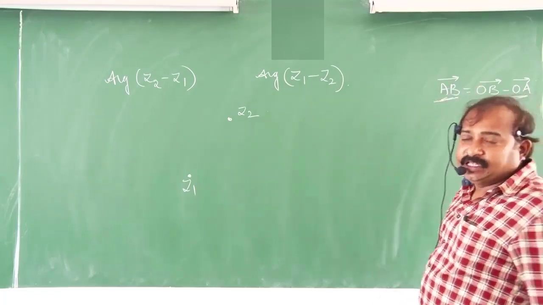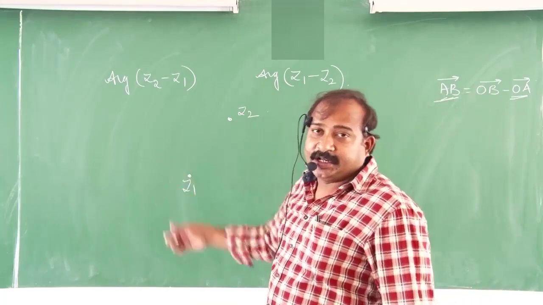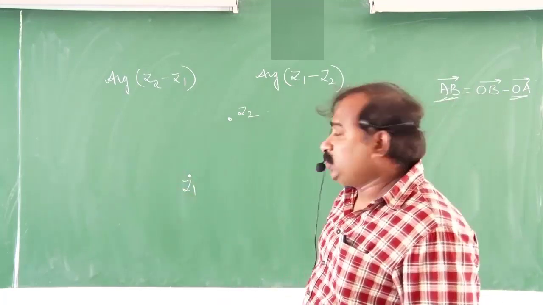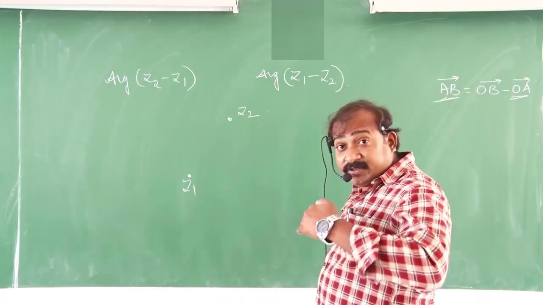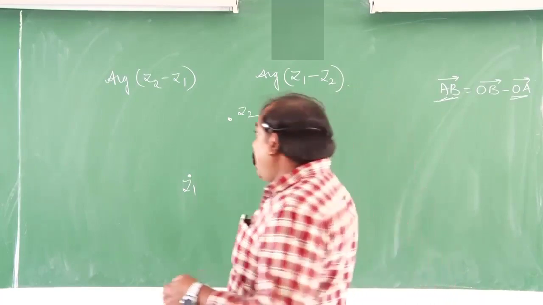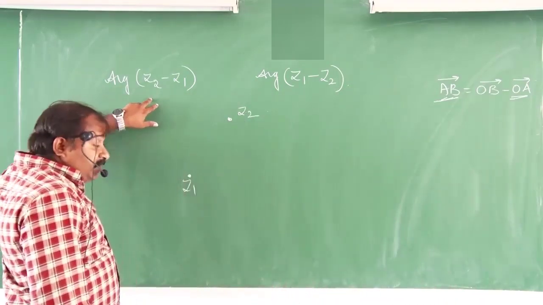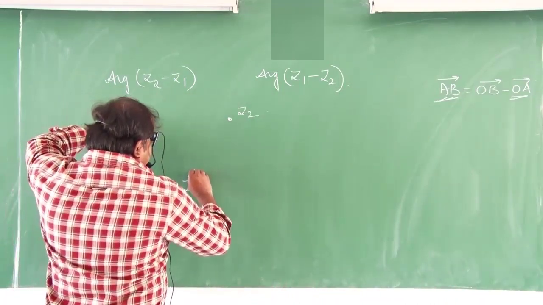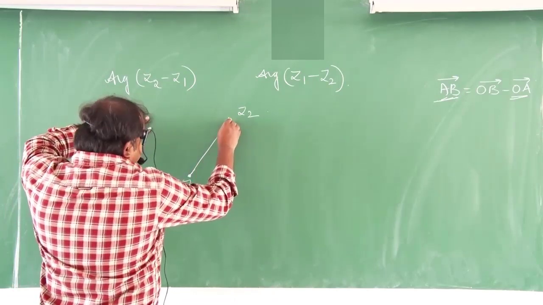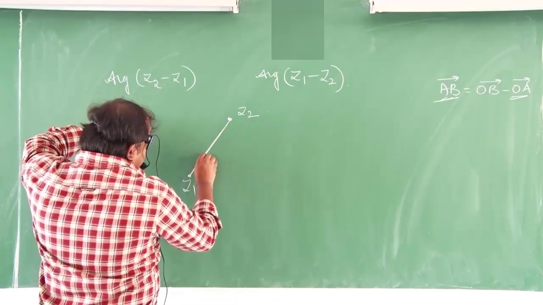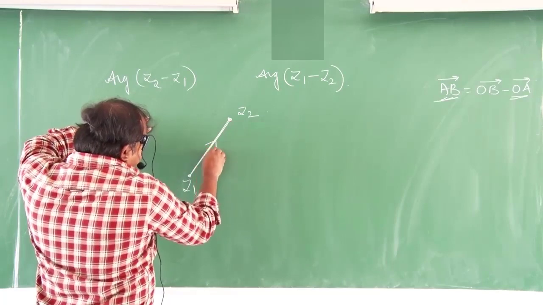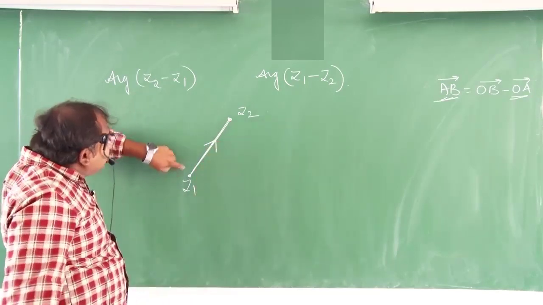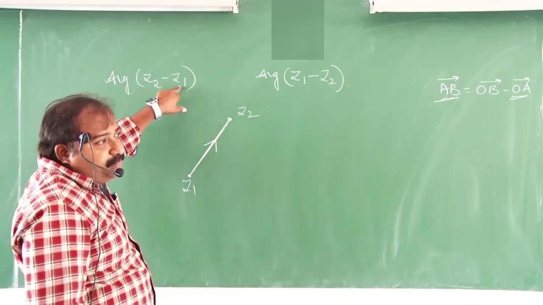Same concept in geometry also, complex numbers also. So here, argument of Z2 minus Z1 means the direction. Z2 minus Z1 is this value and the direction is from Z1 to Z2. This is the initial point.